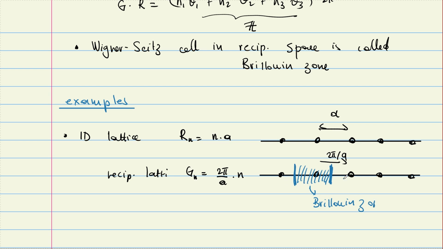And here, if we take this central site to be 0, the left boundary of the Brillouin zone is going to be minus pi over a, and the right boundary is going to be pi over a, and the length is going to be 2 pi over a.